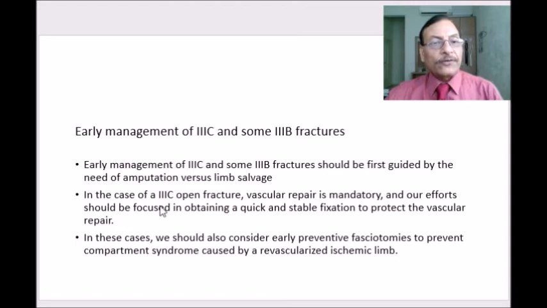In the case of 3C open fractures, vascular repair is mandatory and the effort should be focused on obtaining a quick and stable fixation to protect the vascular repair. In these cases, we should also consider early preventive fasciotomies to prevent compartment syndrome.